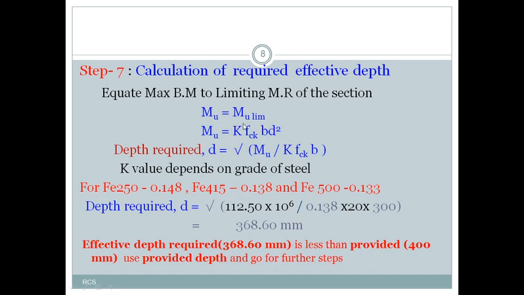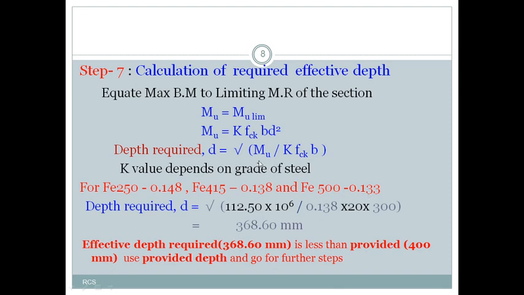So Mu equal to Mu limit can be calculated by using the formula K equal to fck b d square. This K value depends upon the grade of steel. For different grades of steel, the K values are mentioned below: for Fe250 it is 0.148, for Fe415 it is 0.138, and for Fe500 it is 0.133.